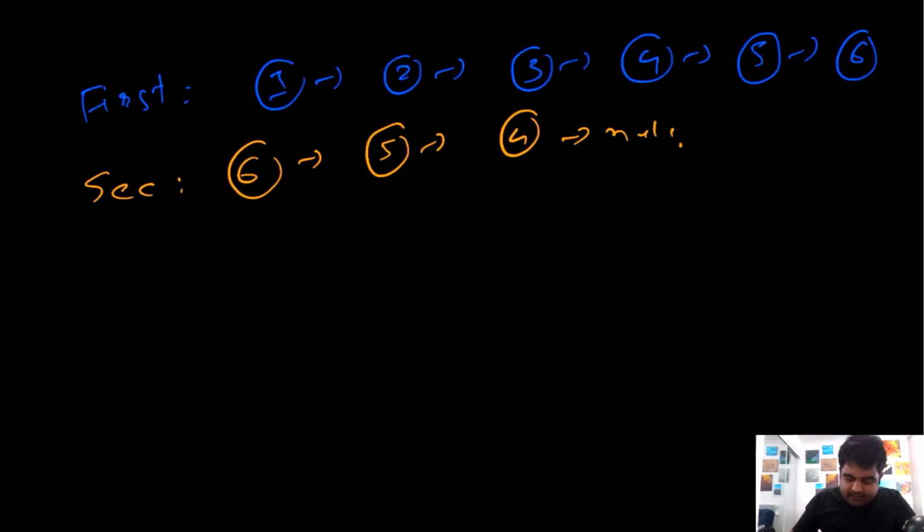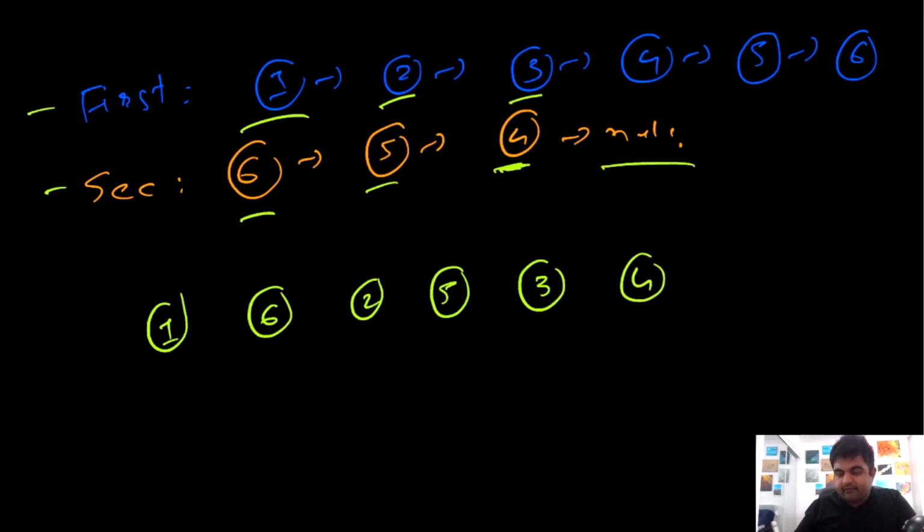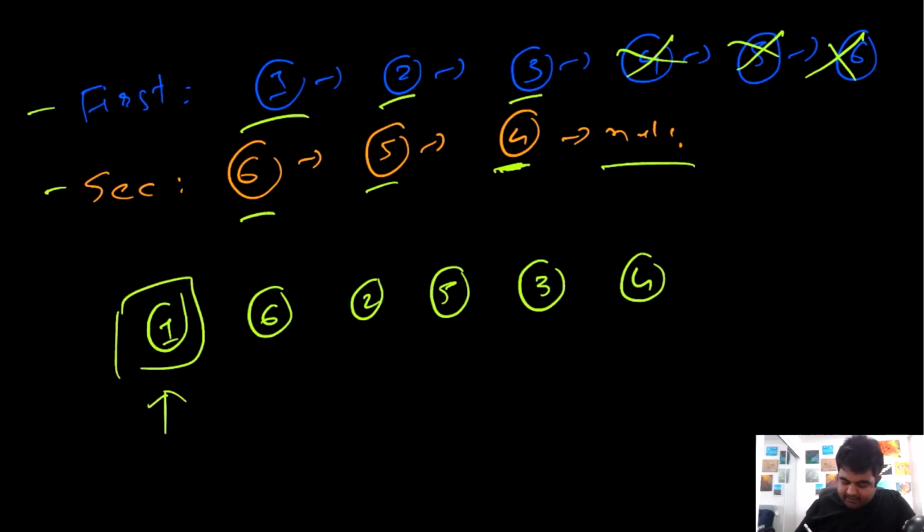We will start taking one node from each of the given lists. The first node would be node number 1, the second node would be node number 6, then the third node would be node number 2, and the next node would be node number 5, and then we will take node number 3, and then node number 4 from this list. Now we realize that second.next is actually null, which means we don't need to take any more nodes from any other linked list, and we can simply return this as our answer, and this would be the final solution that we are going to use.